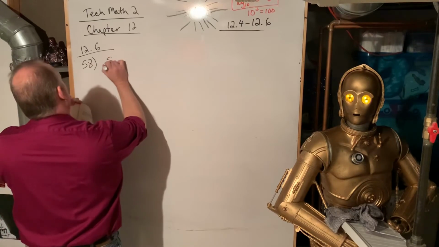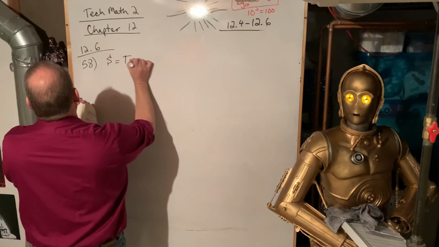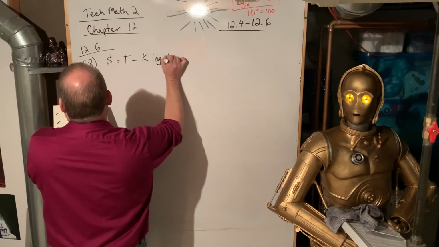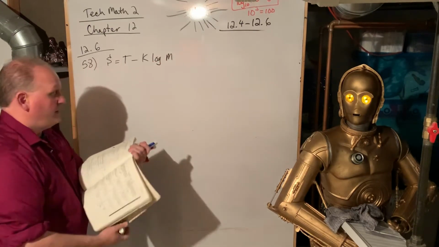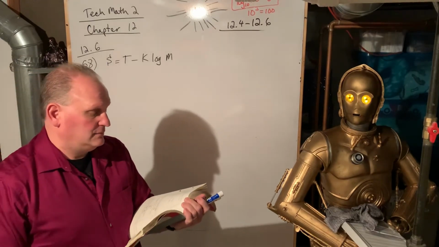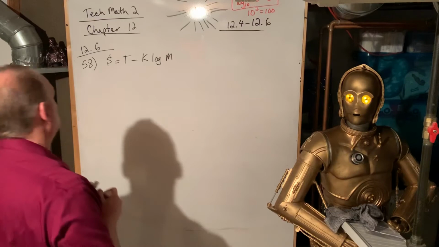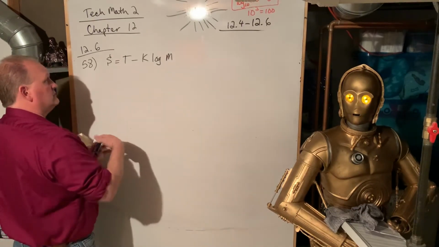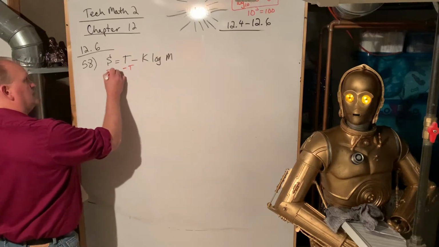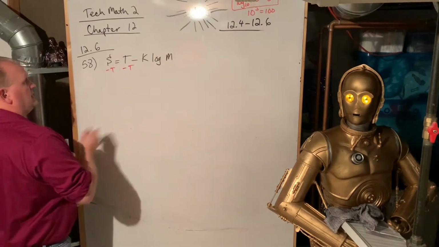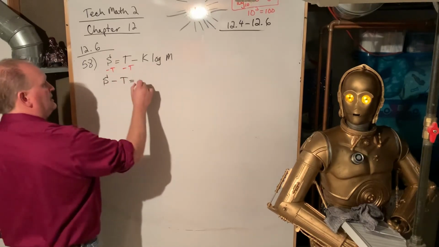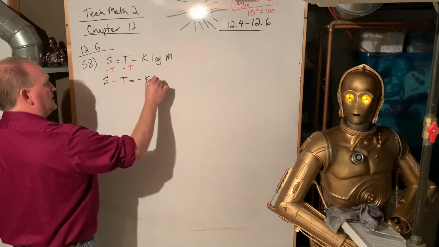They have S is equal to T minus K log M. And they want us to solve for K. Okay. So we're going to subtract T from both sides. That'll be S minus T is equal to negative K log M.